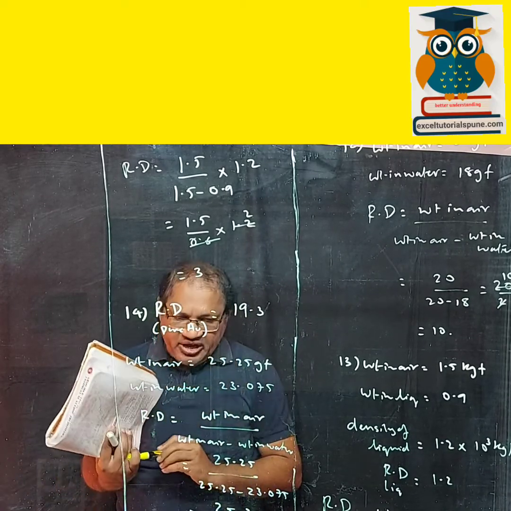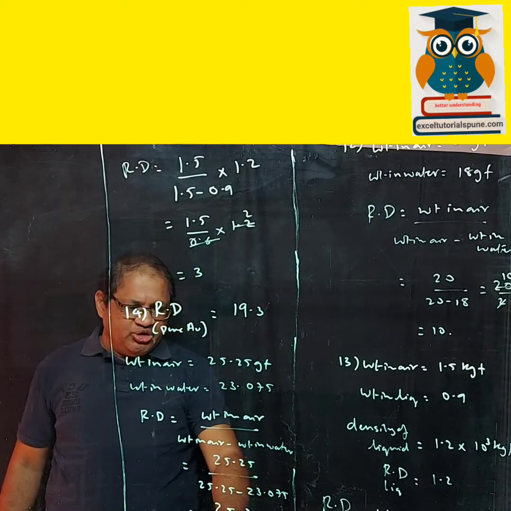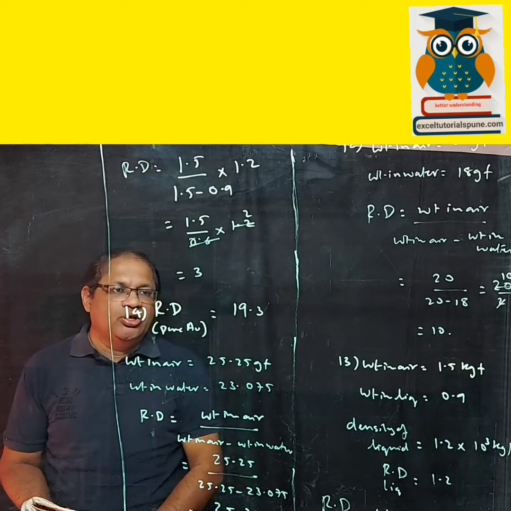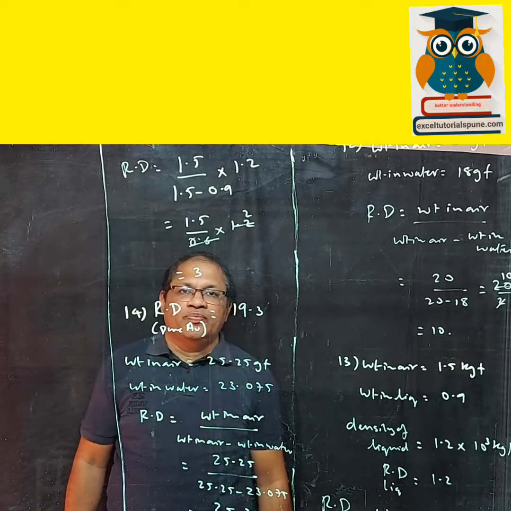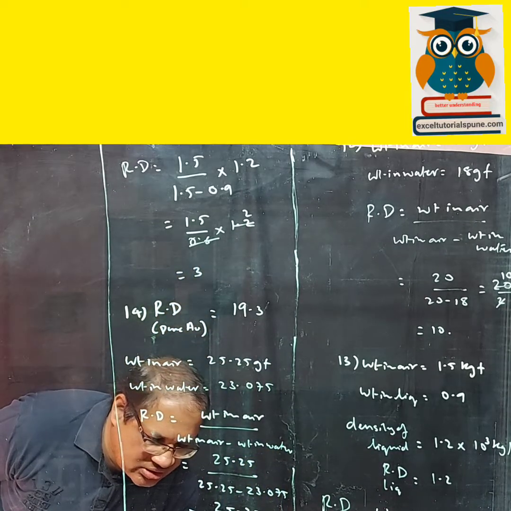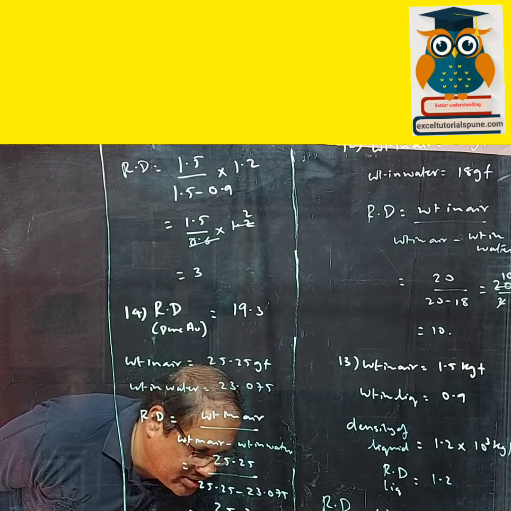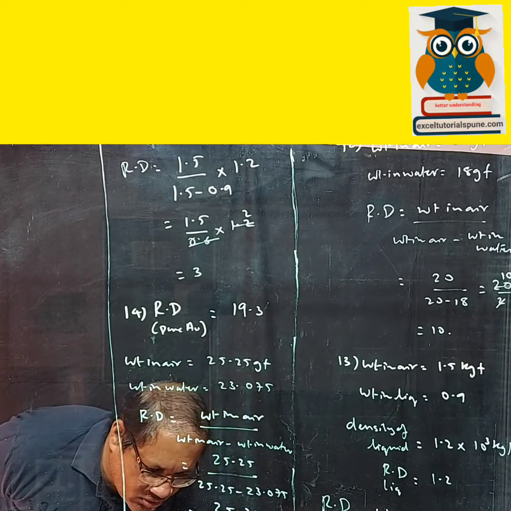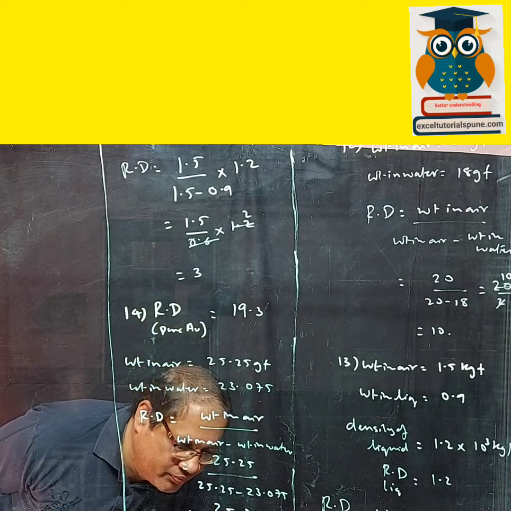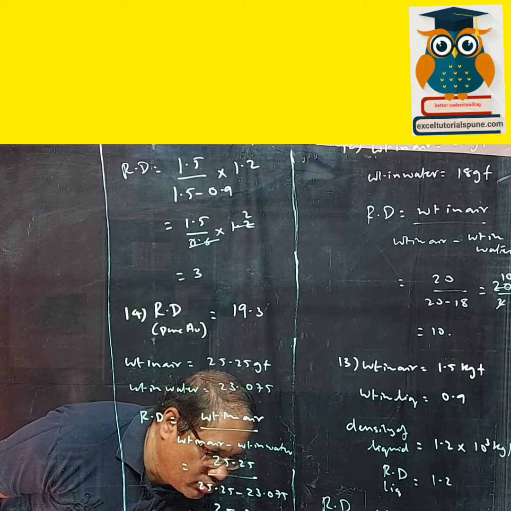So see the relative density over here which we have got is 11.60. Real gold is 19.3. So then what can you say? The gold is impure. Since the relative density is quite less than 19.3, the gold is impure.